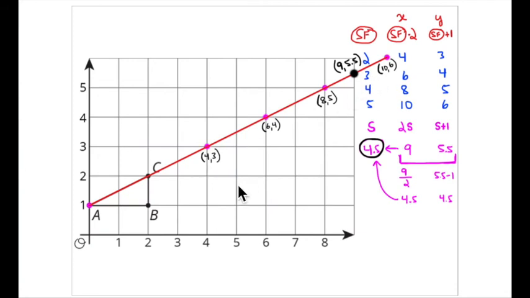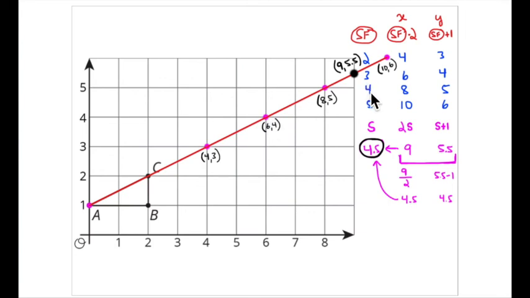Scale factor 3, so that's going to be the scale factor times 2, which is going to get you out to 6. And then the y-coordinate is the scale factor, which is 3 in this case. 1, 2, 3. But then you have to add this 1 to get to the coordinate. That's 4.